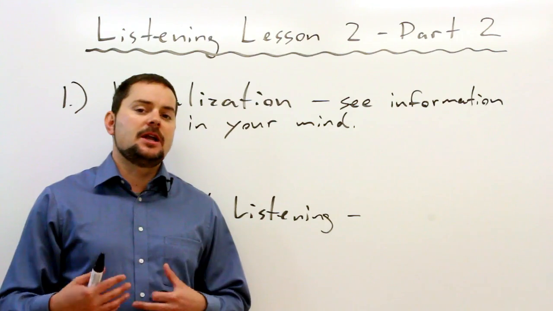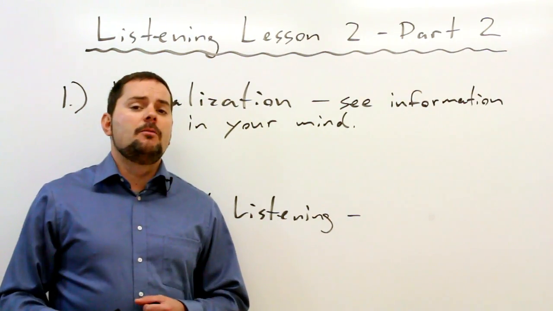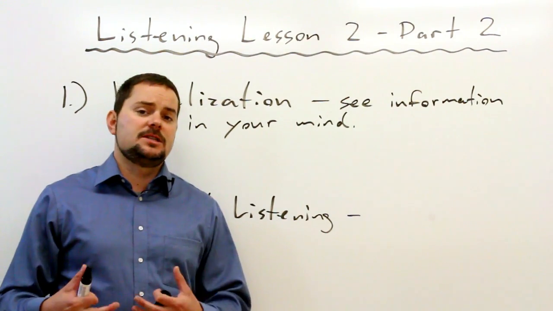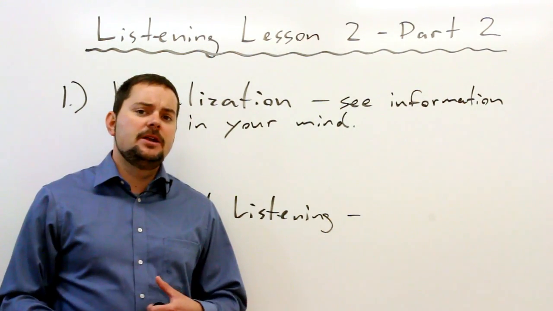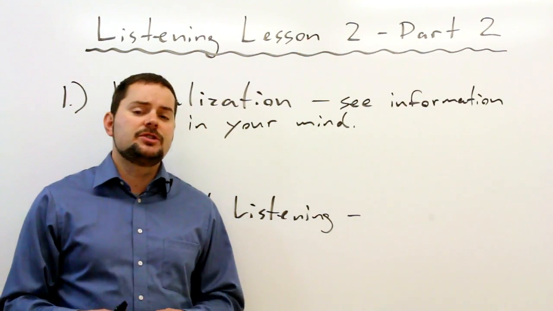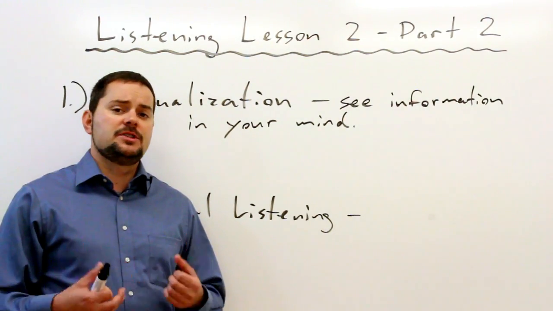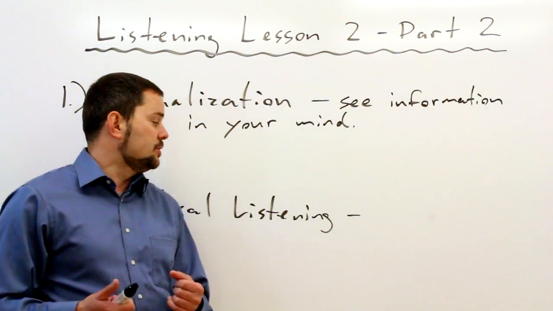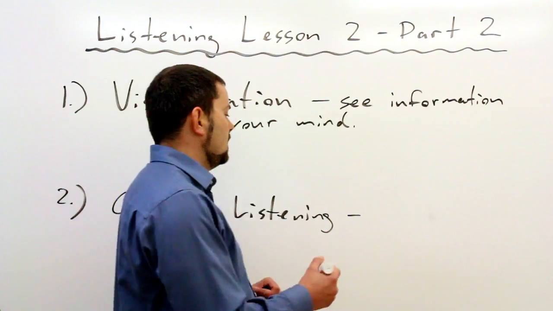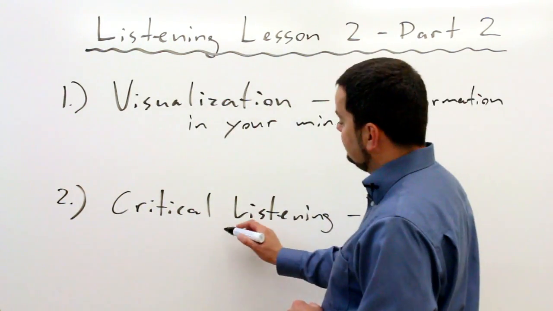So setting up the very important questions of what, why, and how when you're looking at the questions in the exam paper. And then based on your predictions of those answers, trying to figure out how the dialogue or how the conversations, lectures will go. So critical listening, also we can say active listening.